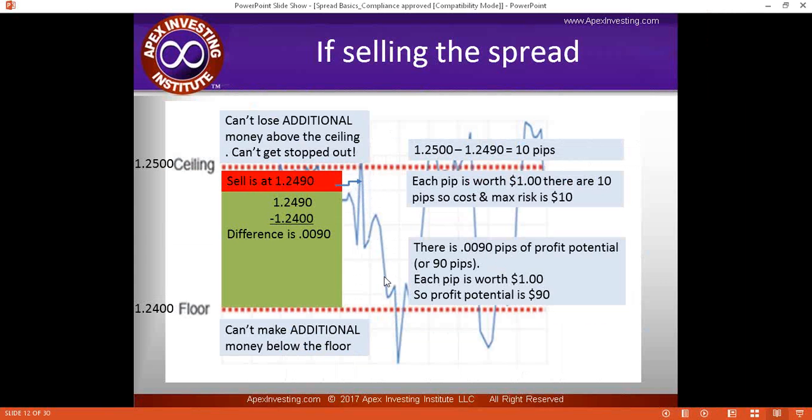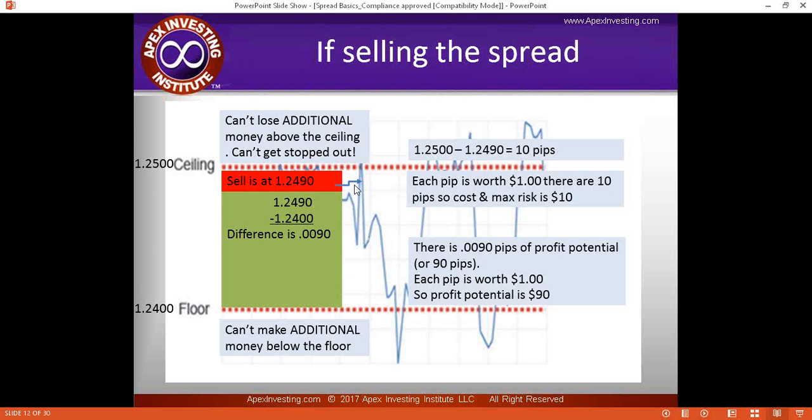So there's 90 pips of potential profit going down to the floor. Because I sold at $24.90, my floor is $2,400, so that's a difference of 90 ticks. Each tick is worth $1, so the potential profit is $90.